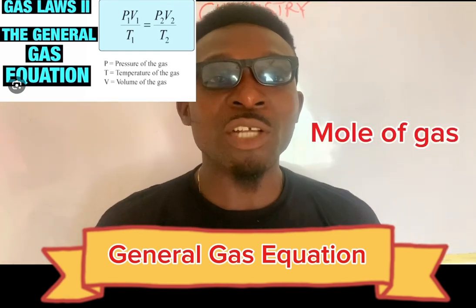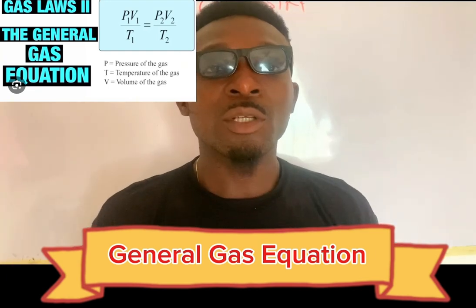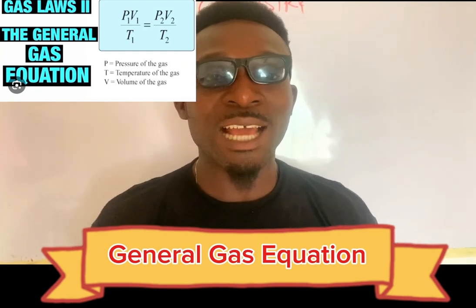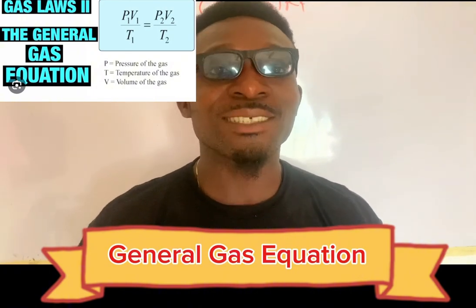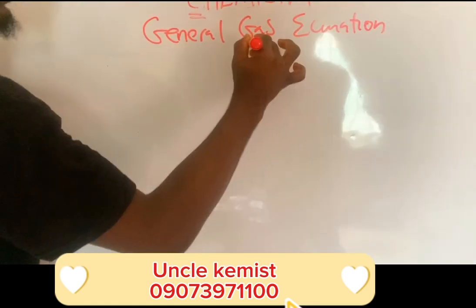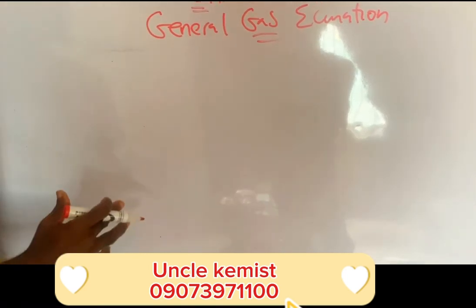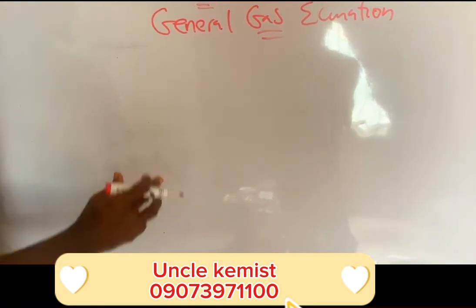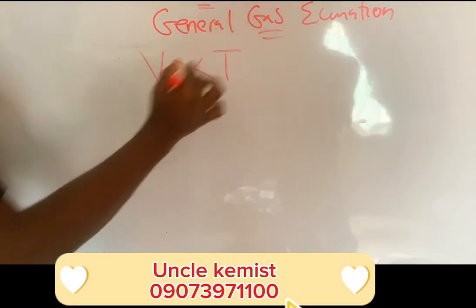When we are done with Boyle's law and Charles' law, these 2 laws came together to give rise to another gas equation, which is called the general gas equation. How did we arrive at this equation? Remember, in Charles' law, the volume of a fixed mass of gas is directly proportional to the temperature.